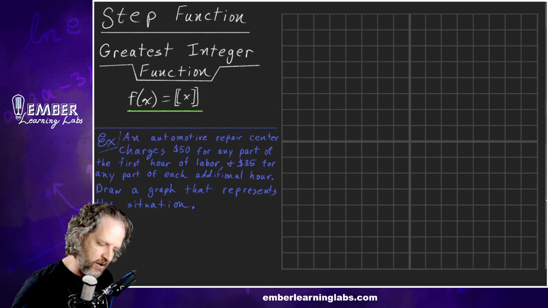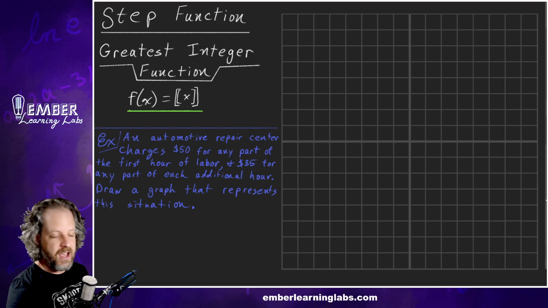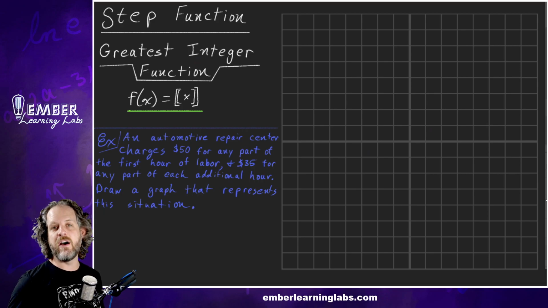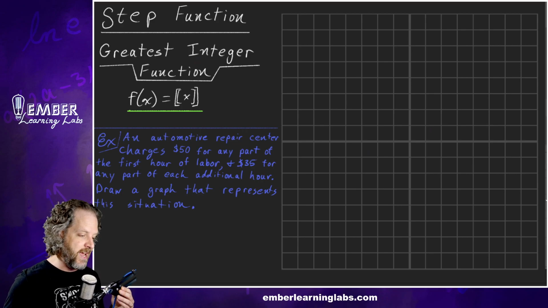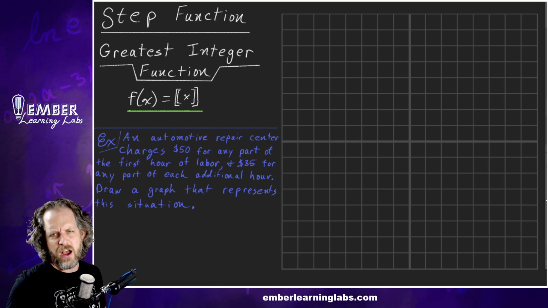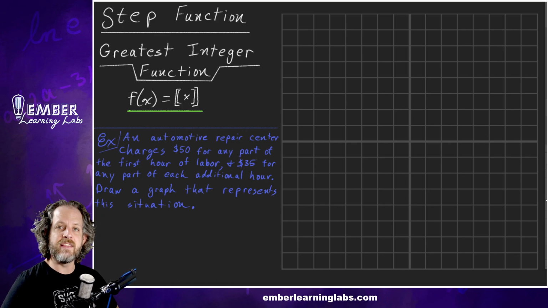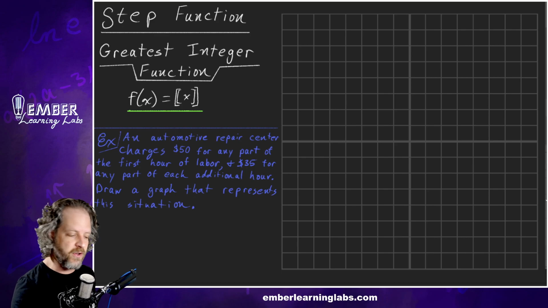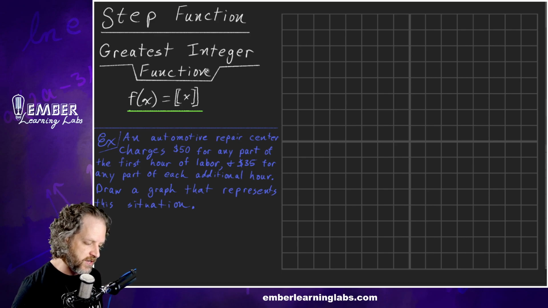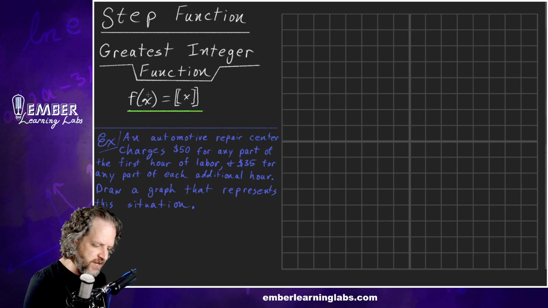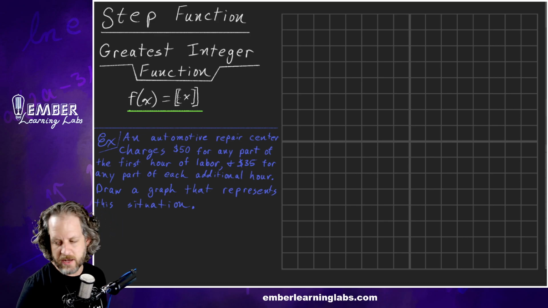Okay, so next one. This is a specific type of piecewise function, and it's called a step function. There are other types of step functions, but at this point, we're going to be focused on the greatest integer function. The notation for it is like this, where we have these two double brackets.